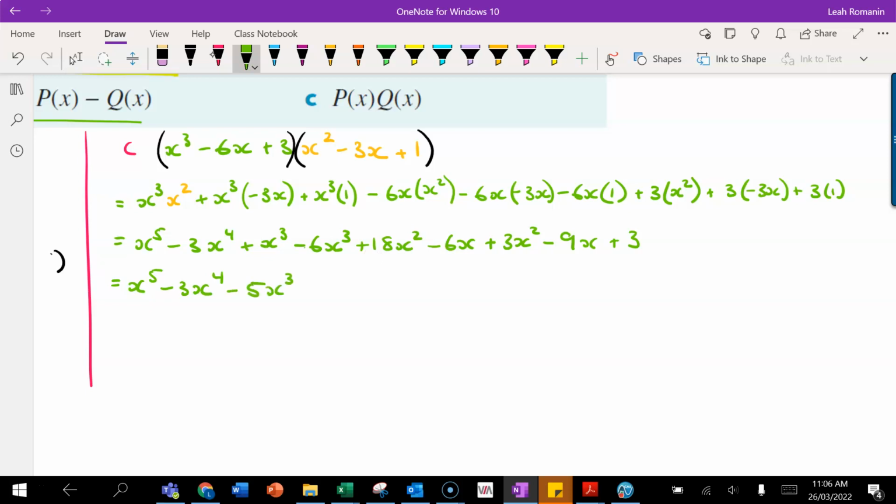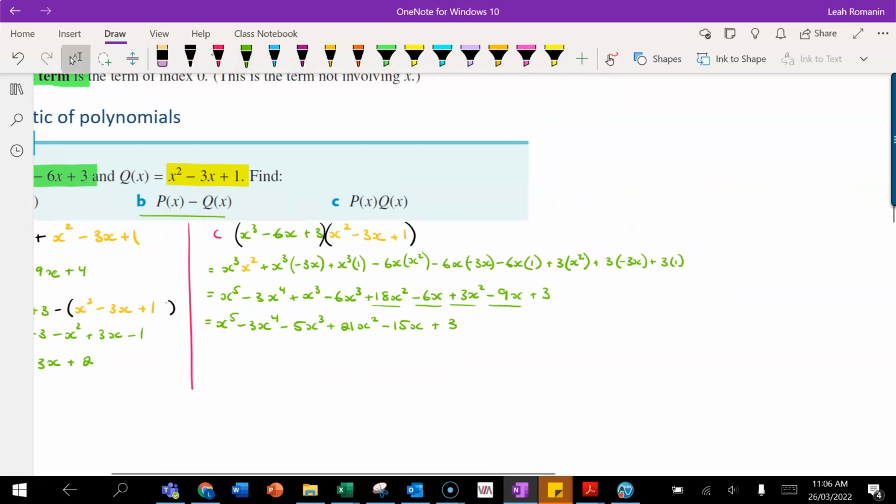Then I have x squared terms, so plus 18x plus 3x is going to be 21x squared. And then my negative 6x minus 9x is negative 15x plus 3. Okay, now we have evaluated, we have no like terms left, so this is where we end for this question.